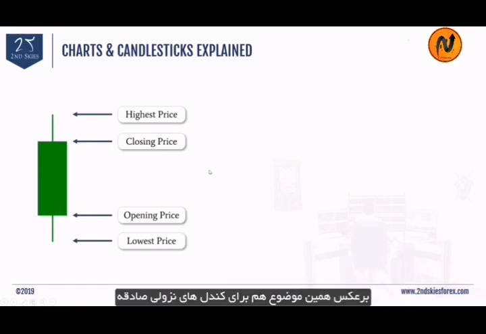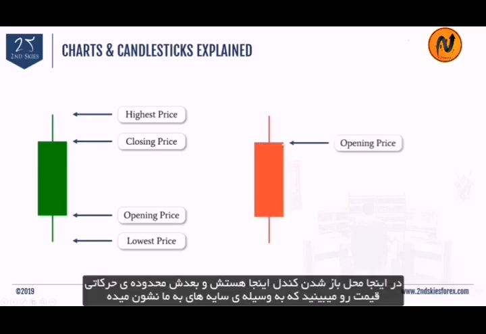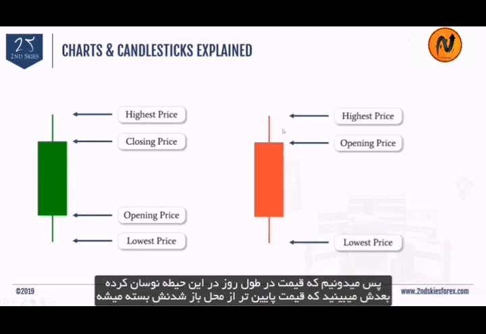Now, the opposite is true for a bearish candle. So you have the opening price here. You have the price range illustrated by the top and the bottom wick. So price moved within this price range during the day, and then it closed lower than it opened.